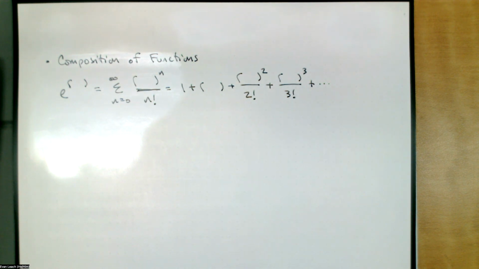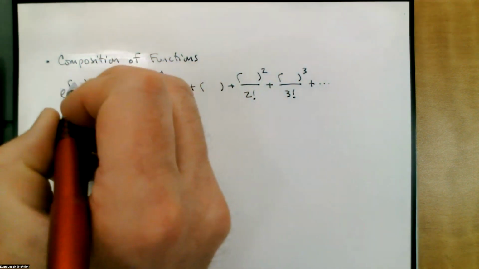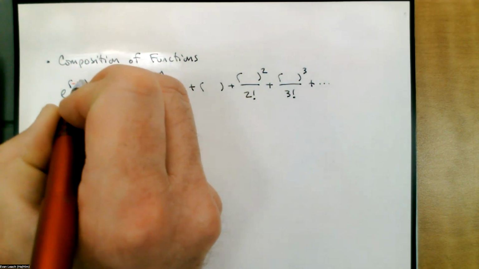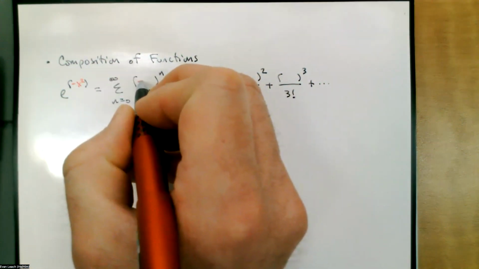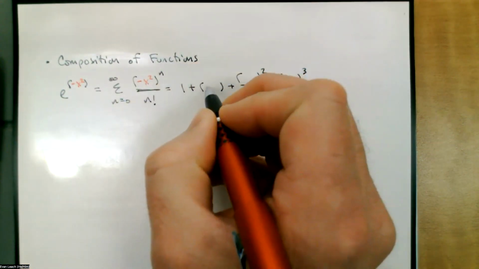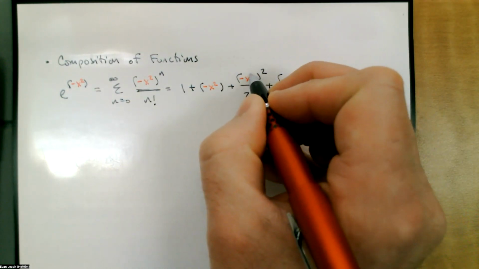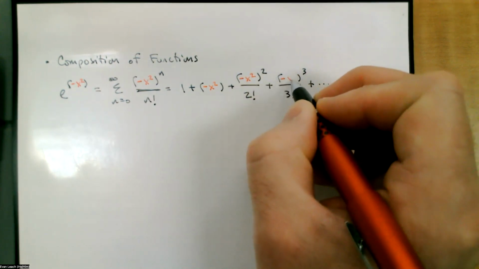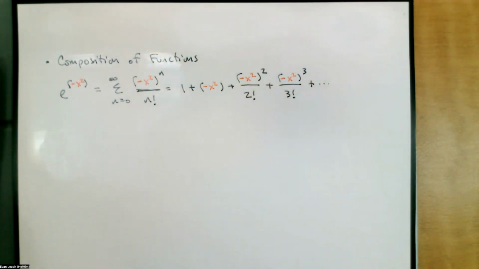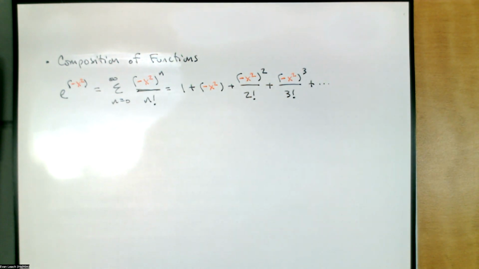If I have something else in my exponent, for example e to the negative x squared, I can just replace the x's with the negative x squareds. And now we have the power series for e to the negative x squared.